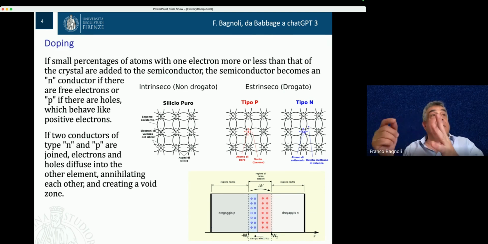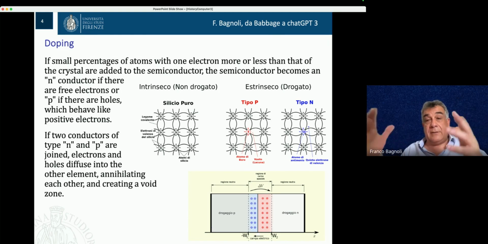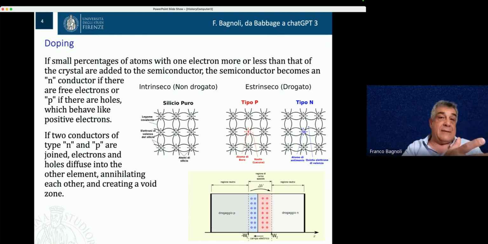So an ion can pass because of diffusion. So essentially, it is an entropic force. On the one side, there are a lot of ions, and on the other side there are very few or nothing. And so it tends to pass, but then doing so, it creates a force that brings it back. And the same happens here.